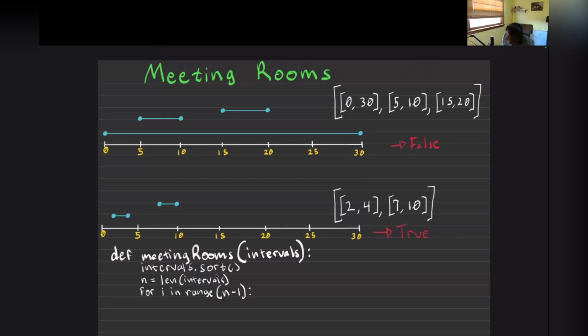So we'll say: if intervals[i][1], the ending timestamp, is greater than intervals[i + 1][0], the start index, if that's the case, then we're going to return false, okay? Otherwise, we get out of this for loop and we return true, okay?